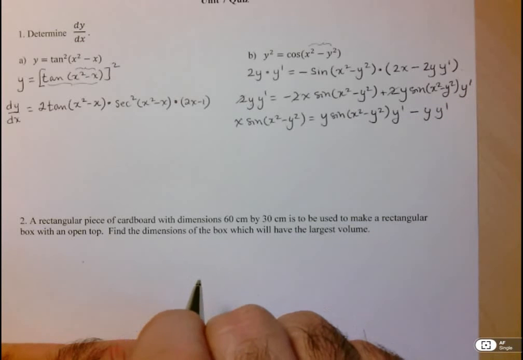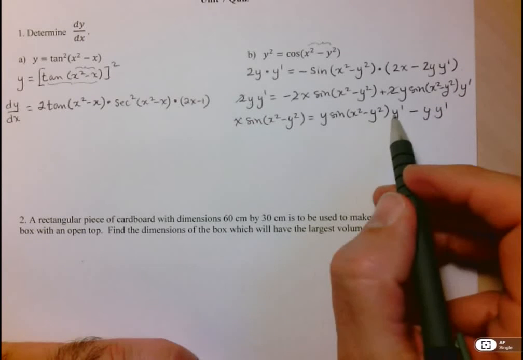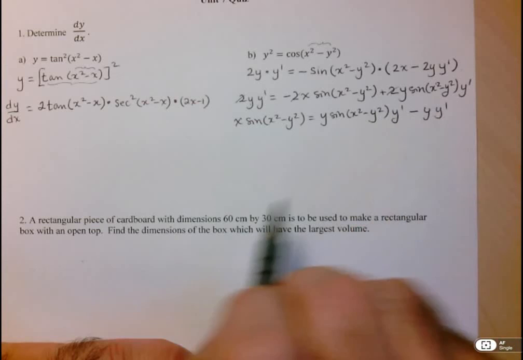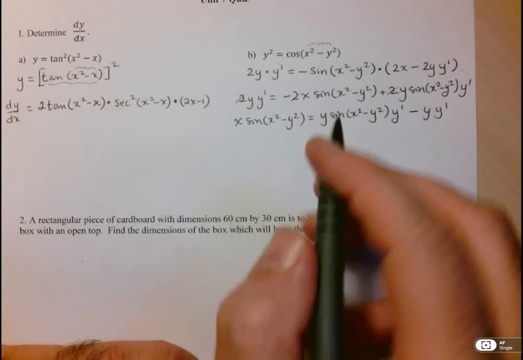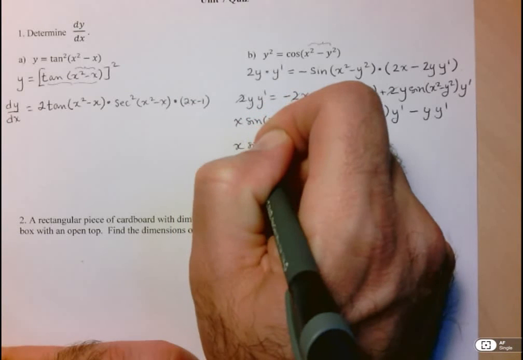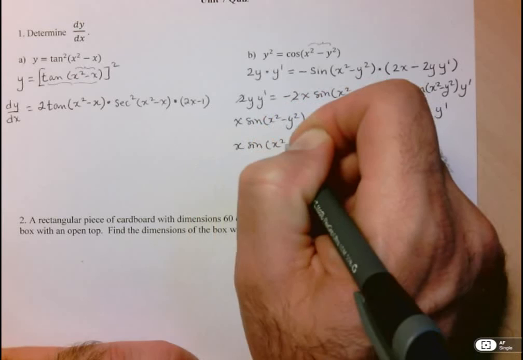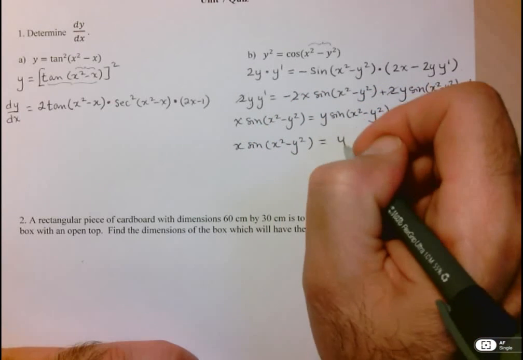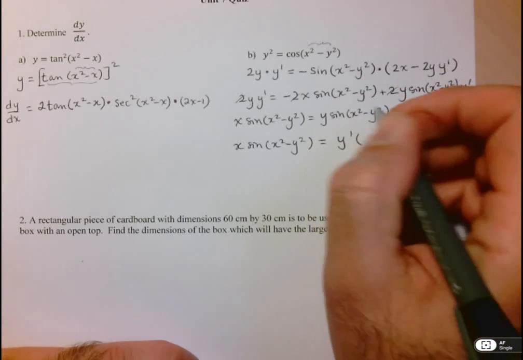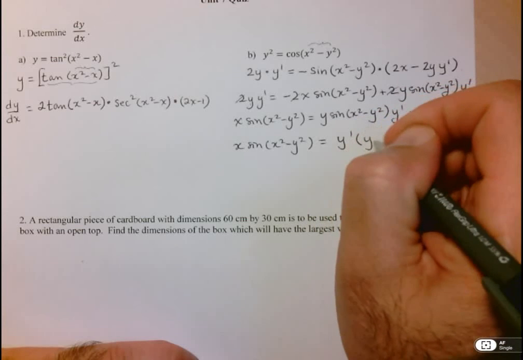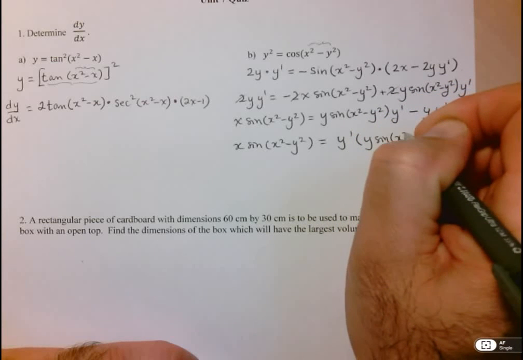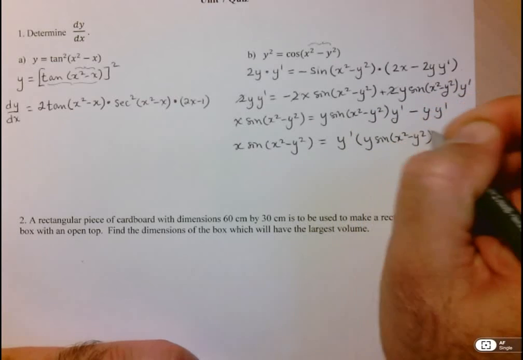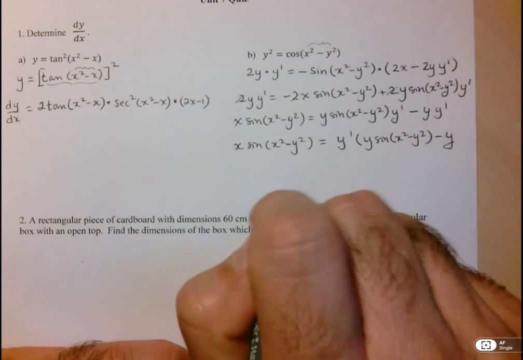The reason for grouping all these together is that now we can factor out the y prime on the right. Let's rewrite the left-hand side, and on the right-hand side we factor out the y prime, leaving y sine of (x squared minus y squared) minus y.